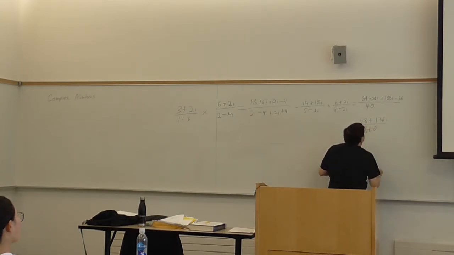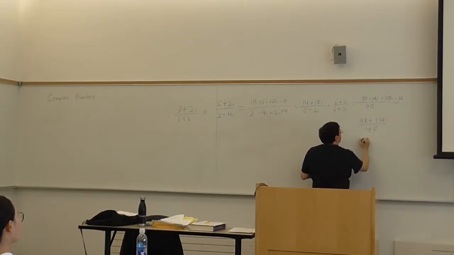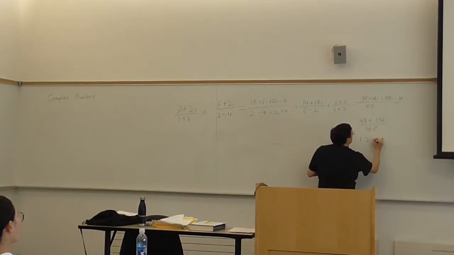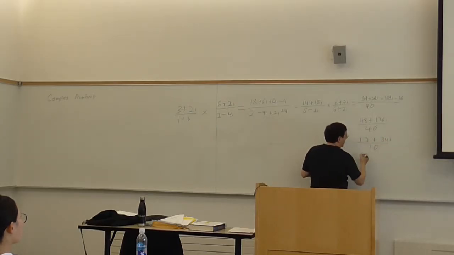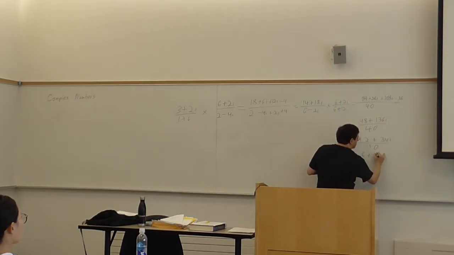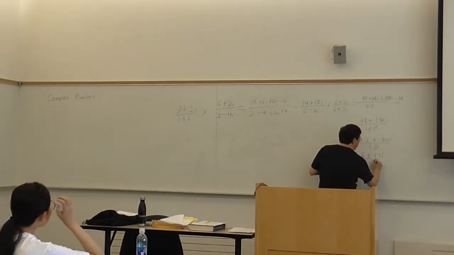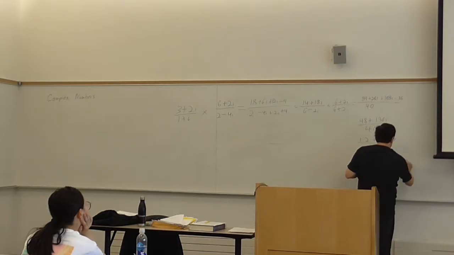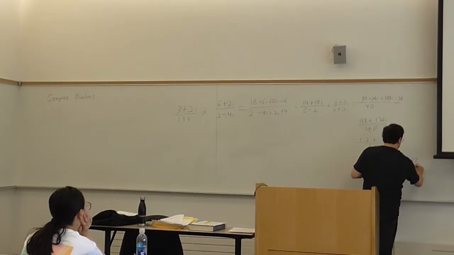We've got at least a factor of 4 in there, right? 12 plus 34i over 10. It's another factor of 2 still. 6/5 plus 17/5 i.